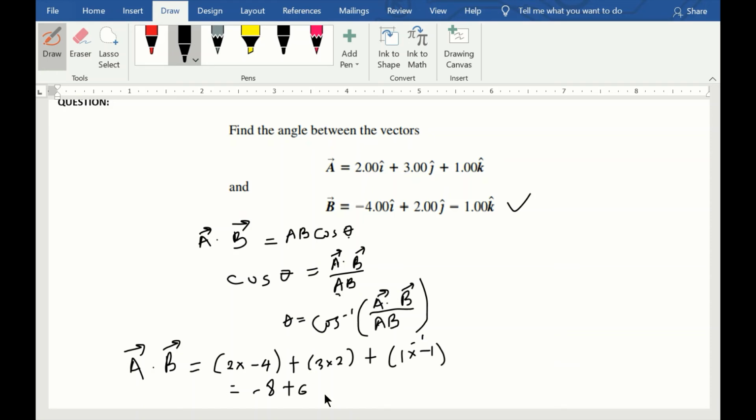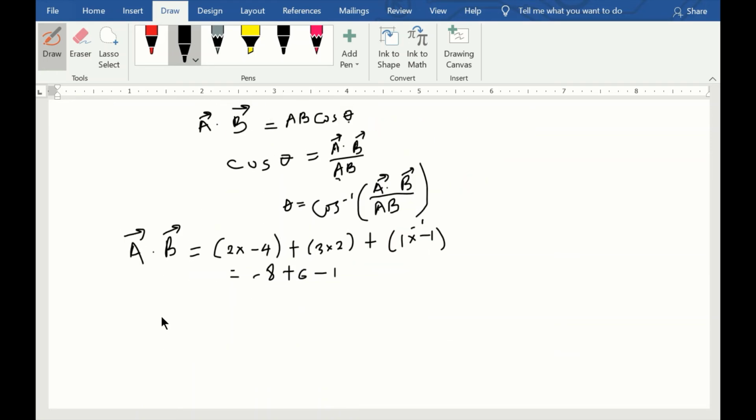So my A dot B is minus 8 plus 6, which is minus 2, and minus 2 minus 1 is minus 3. So guys, the scalar product of A and B is minus 3.